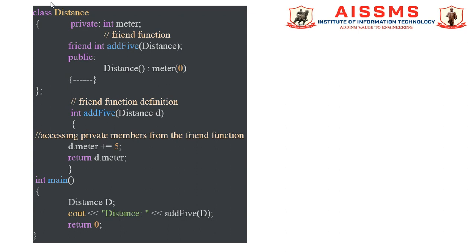Using add 5 as a friend, we can calculate distance in meters. Accessing private members from the friend function with the help of this formula, we can calculate distance in meters.